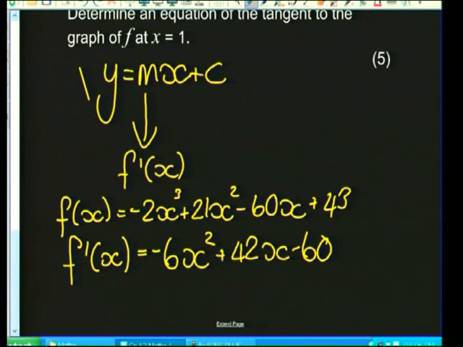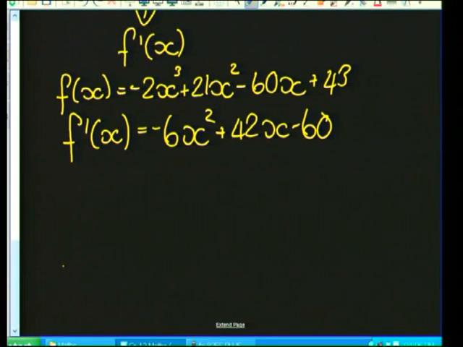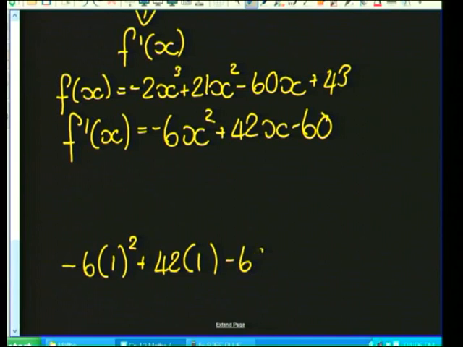And if that's the derivative, we are then going to substitute the point of contact between the tangent and your graph, which was at x equals 1. So we take that 1 and substitute it into the derivative. Subbing it in, I've got negative 6 times 1 squared, plus 42 times 1, minus 60.